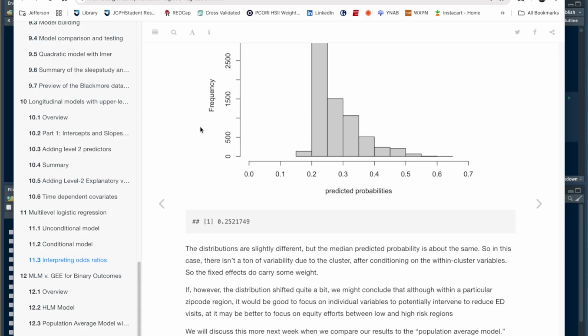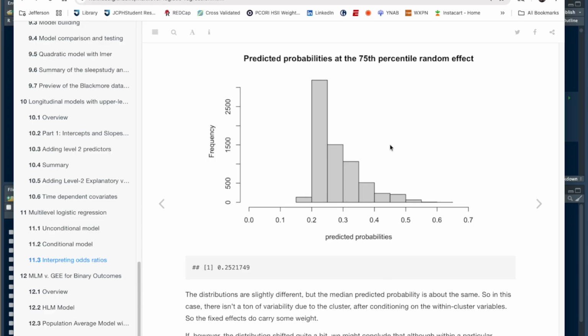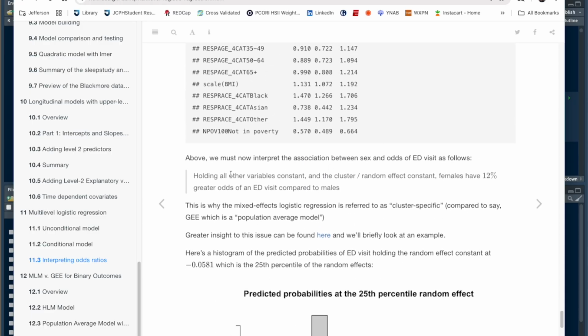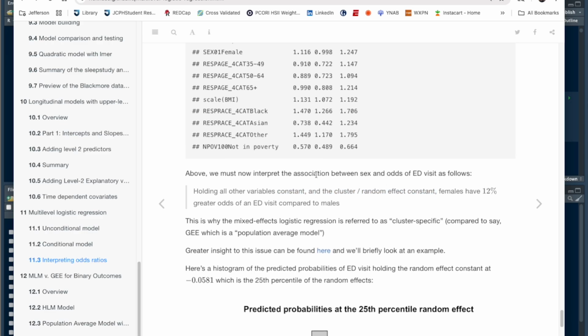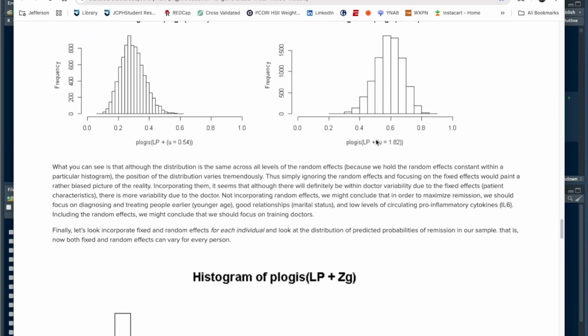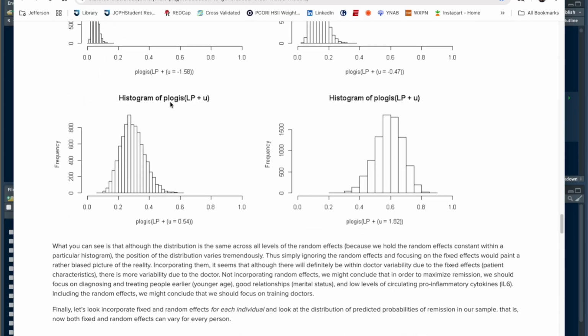So that's it for this week. Again, the basics of glmer are pretty simple. The tricky part is just practicing these cluster specific interpretations. And again, I really do urge you to take a look at how it's described here. A similar example, if you scroll down, is done for you where things do change quite a bit.